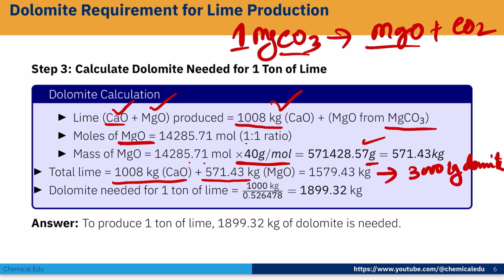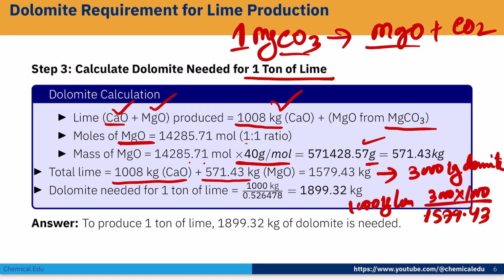Now if we need 1 ton of lime, means 1000 kg of lime, how much dolomite is required? If we need 1000 kg lime, it will be 3000 into 1000 divided by 1579.43.